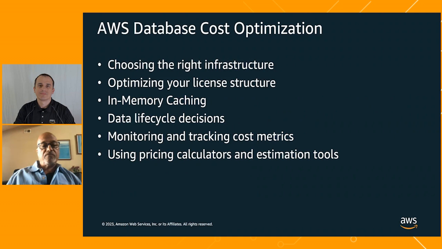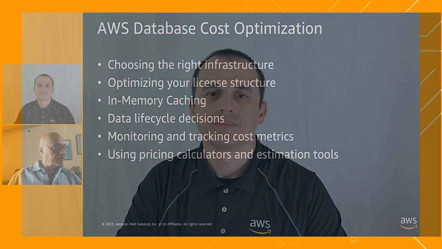Also monitoring and tracking your cost metrics so that you know where your costs are, what's driving your costs, and where you can optimize costs, and using tools like pricing calculators and estimation tools. So there's lots of ground to cover. Let's start at the top, Vlad. Choosing the right infrastructure. What are some of the considerations around this, and what does this amount to?